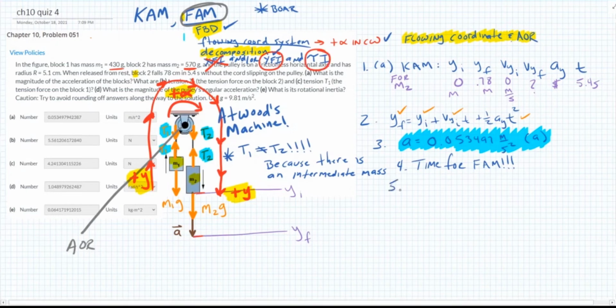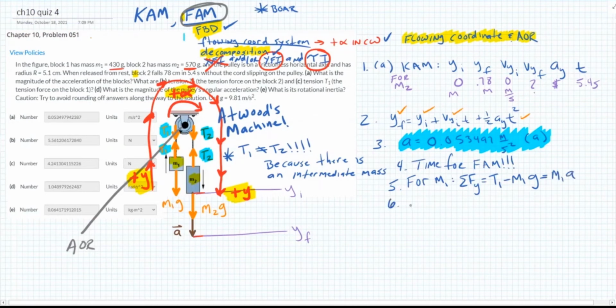All right, so for M1, the sum of all of those Y forces equals T1 pulling up minus M1G pulling down. This is where I have to be really dependent on my free body diagram. That equals M1A.